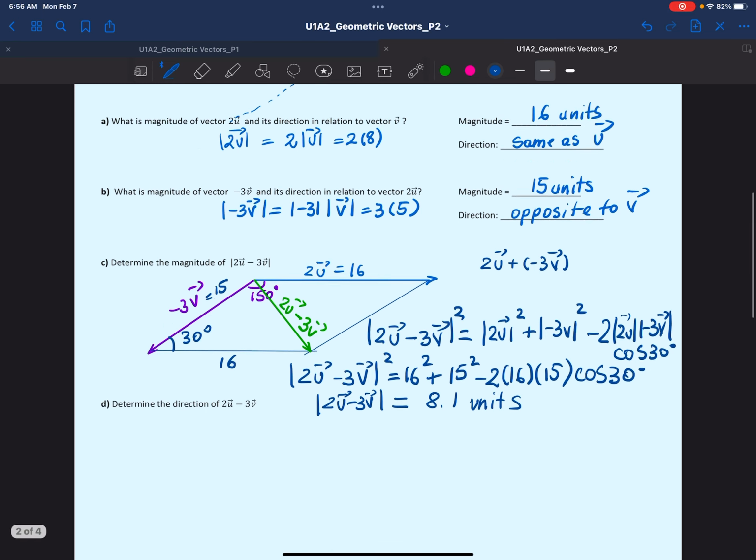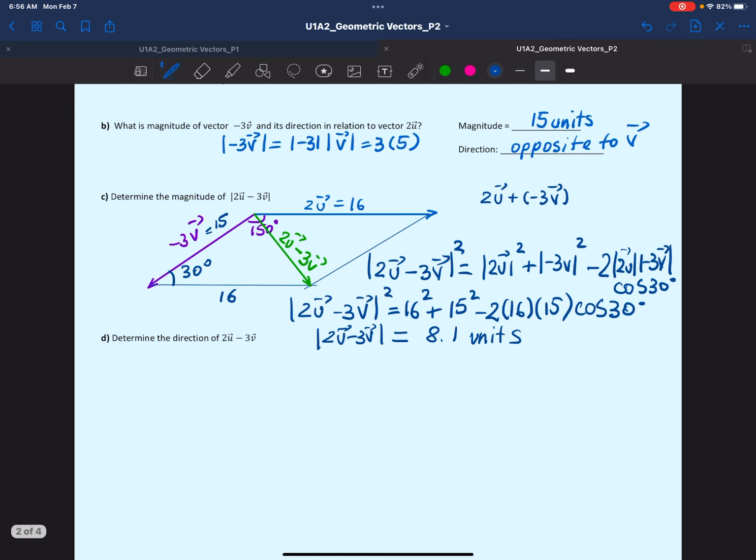Now we have to determine the direction of 2u minus 3v. To determine the direction, we can look at the angle that 2u minus 3v makes with either vector negative 3v or vector 2u or vector v itself. I prefer that we find the angle that it makes with vector u.